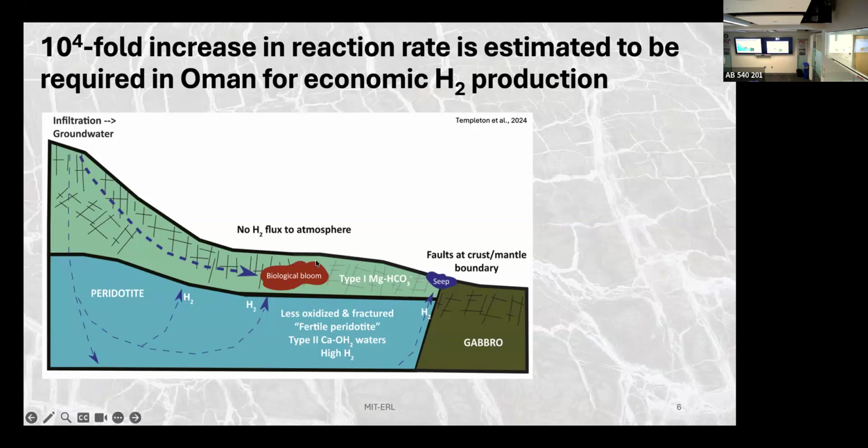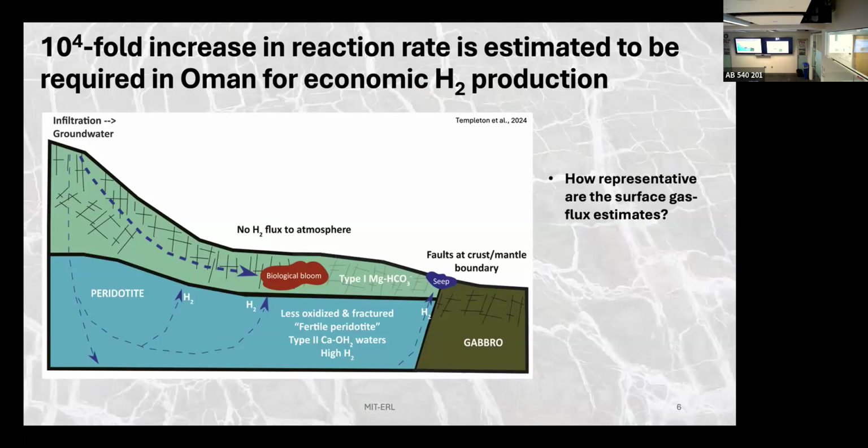However, in some places, like the hyperalkaline pools, there may be gas highways through which the gas formed at greater depths can be transported at a much faster rate to the surface, which will prevent the gas from being consumed by the microbes. So the 10 to the 4th fold increase in reaction rate seems pretty pessimistic. However, if you look deeper, you will see that some of the assumptions are quite questionable.